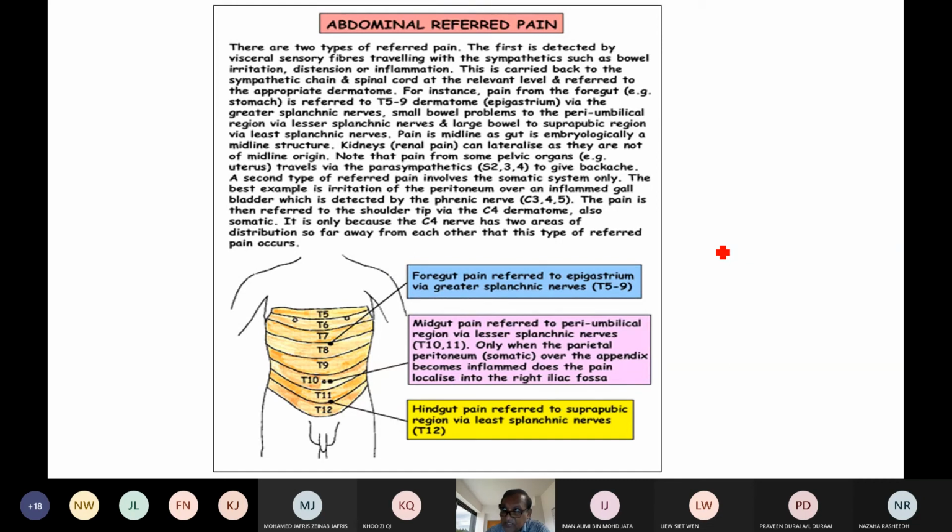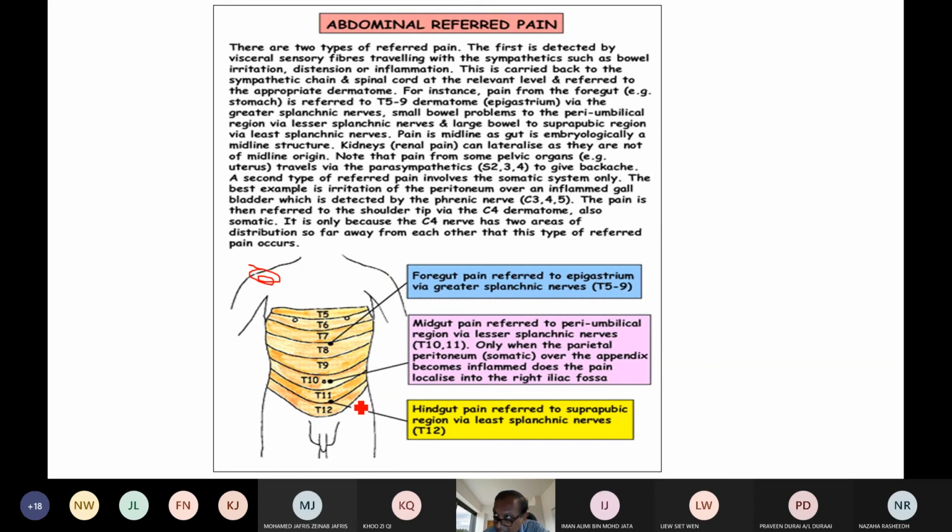What is the second type? The second type is not due to visceral peritoneum. For example, cholecystitis. When the gallbladder is inflamed, you get pain over the right shoulder. The reason is that the parietal peritoneum overlying the gallbladder gets inflamed, and then it stretches the diaphragm.